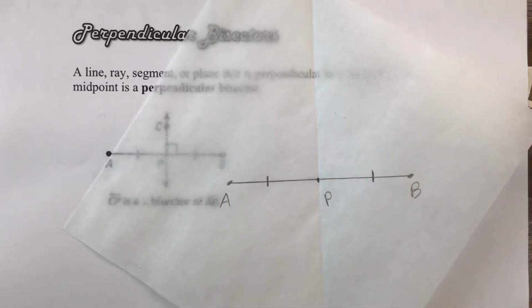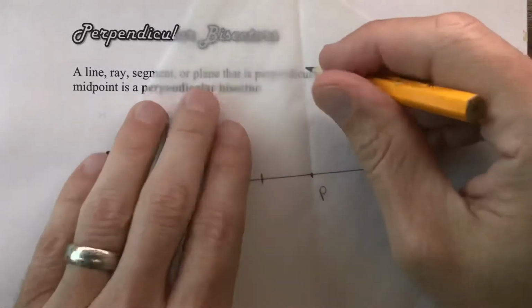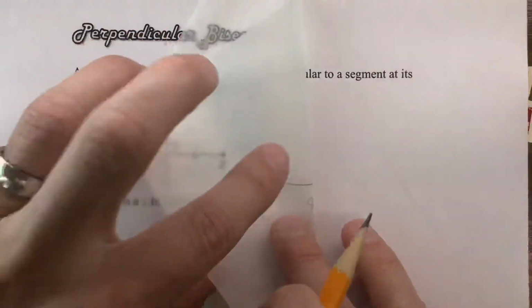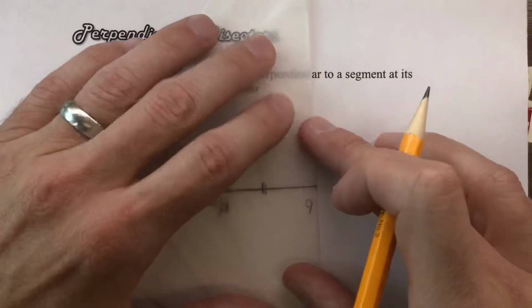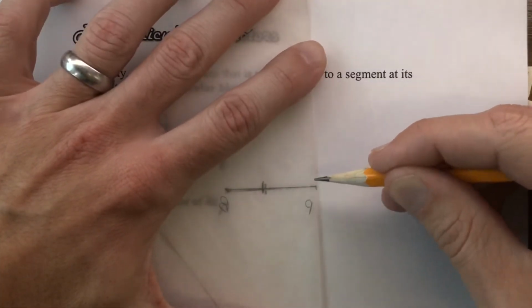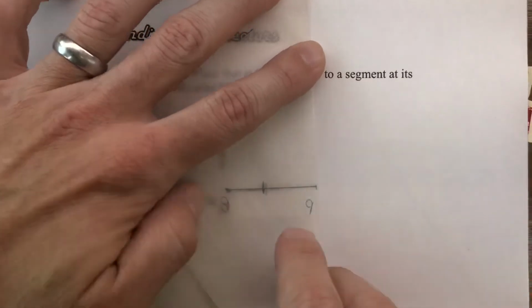The neat thing about how I did this is that I didn't measure it and then mark it off. I actually folded it, and the crease is perpendicular. We can verify that by folding it back together here. That piece matches the paper underneath it on the other side.